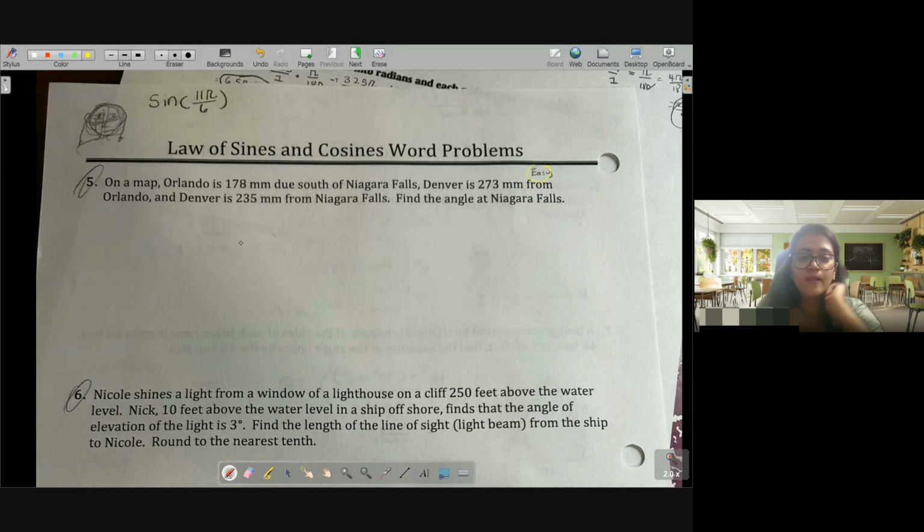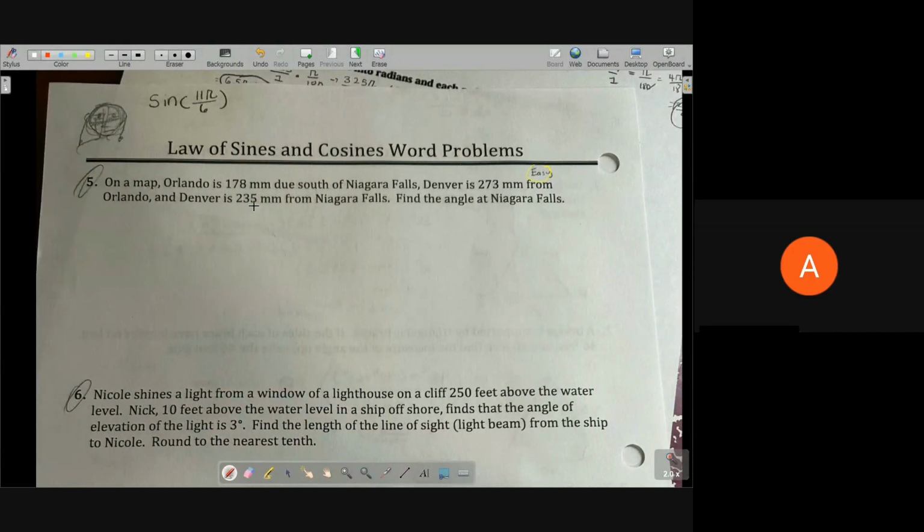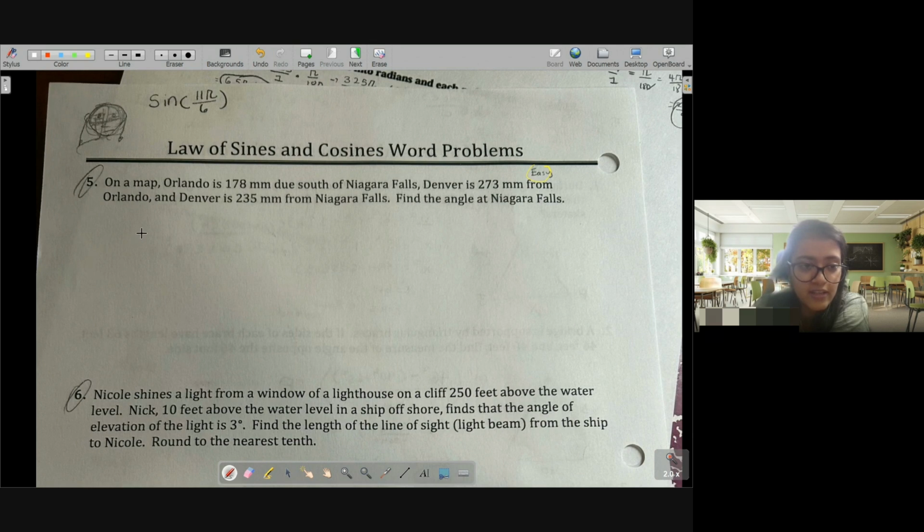Okay, so let's draw the diagram for this. South of Niagara Falls. So let's say that here you have Niagara Falls. This point is Niagara Falls and 178 millimeters south, let's call it Orlando.